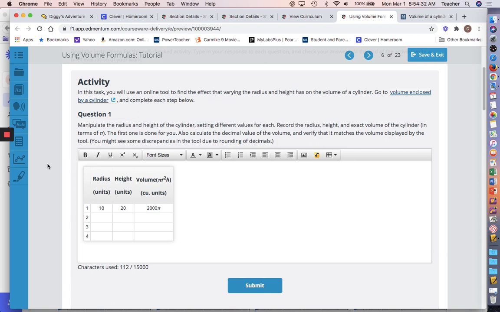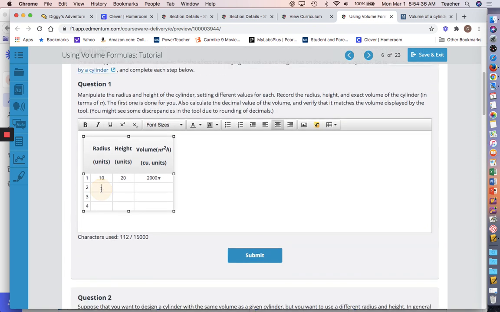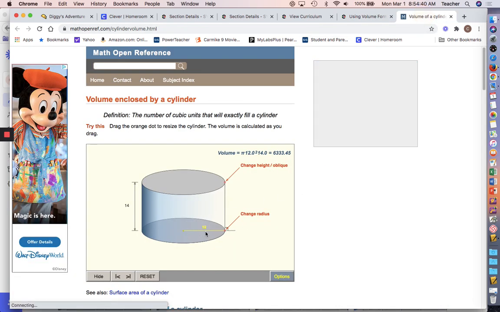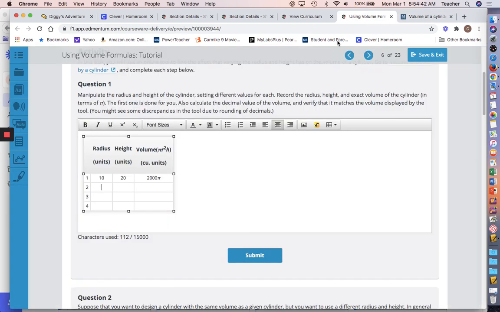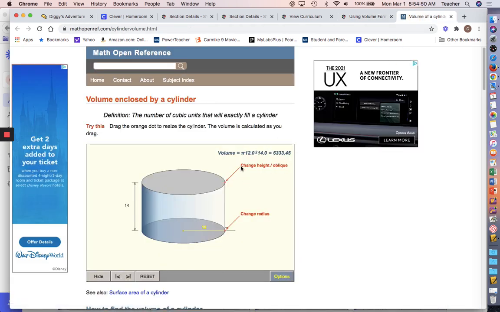All right, so looks like the first one's done for us. Okay, so they got a radius of 10 and a height of 14. Well, I'm just going to go with what I've got, 12 and 14. So there's radius of 12, height of 14. Here they actually use the 3.14 to get the calculation, so we don't want to do that.